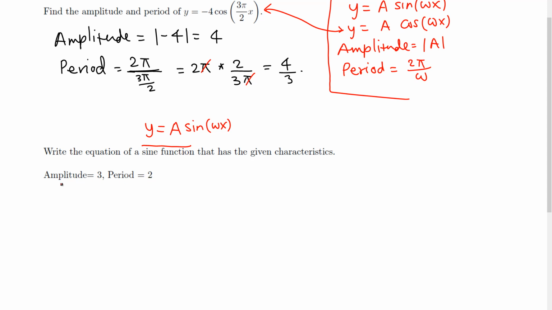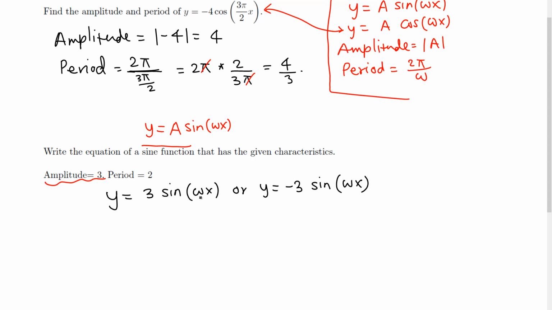Okay, so based on amplitude, the function is y equals 3 sine omega x or y equals -3 sine omega x, because absolute value of 3 and -3 is just 3. So we have two answers.